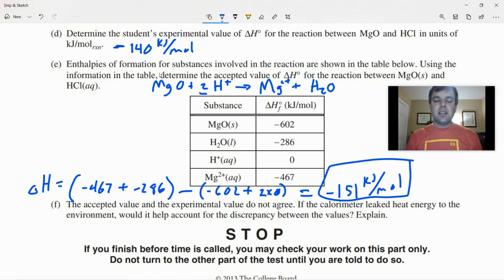And so that would definitely account for the discrepancy. It would make the delta T not big enough in the reaction. And therefore, if we go back to our calculation with Q equals mc delta T, Q would be too small, so this whole thing would be too small. And that would be our answer.